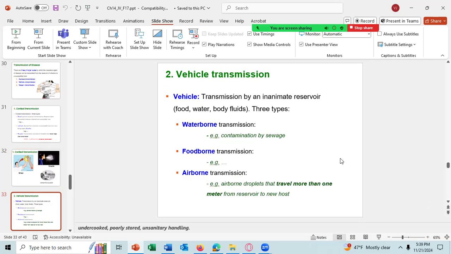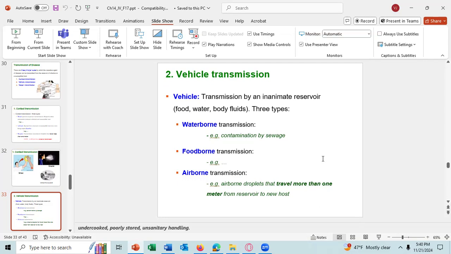All right, let's talk about the second transmission, and that's vehicle transmission. Vehicle is where an object transmits the disease-carrying organism to the susceptible patient.